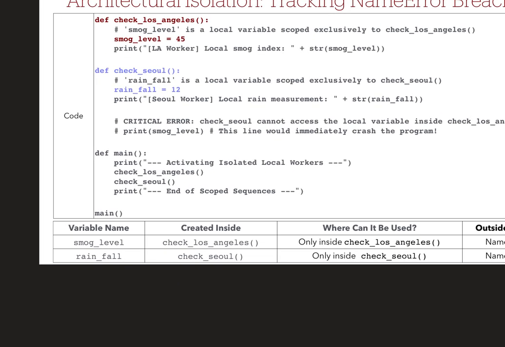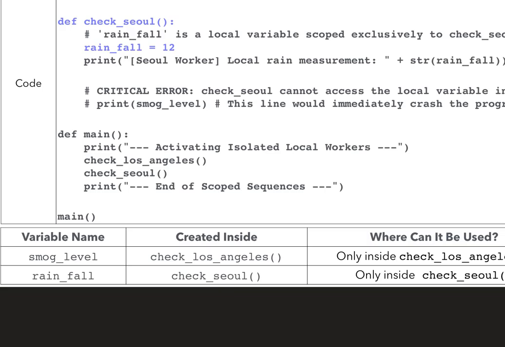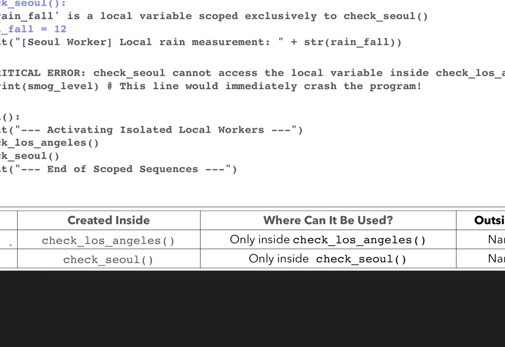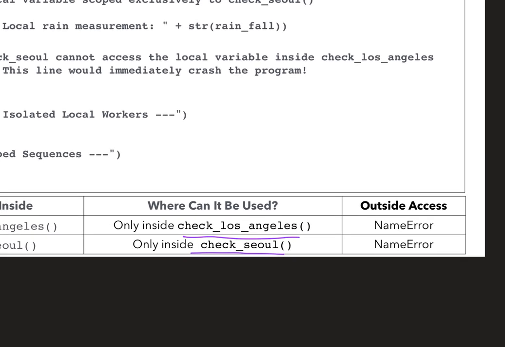In this code, smoke level is limited to the check Los Angeles function only, and rainfall is limited to only the check Seoul function. So they are meaningful in each function only. If you try to use those variables outside, you get an error.